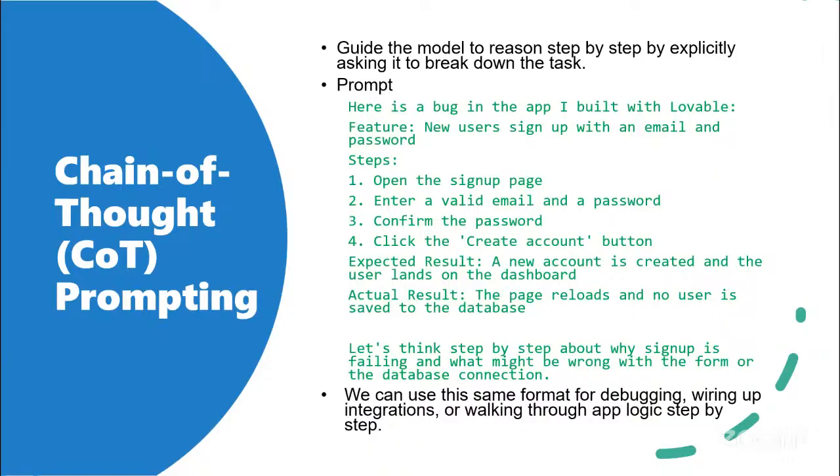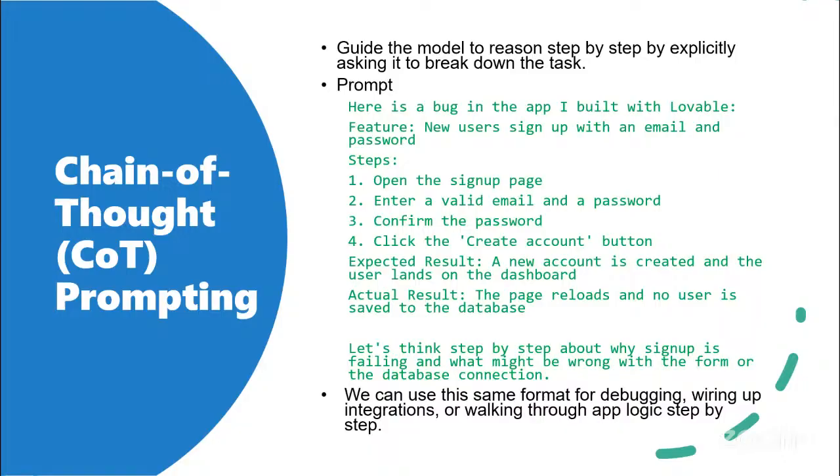But we are finding that the page is not responding, it reloads, and no user is saved in the database. So we try to create a sign in, and the sign in is not working. Now we are asking Lovable, or we are asking Replit, to think about it step by step and see what things went wrong, and then fix it.